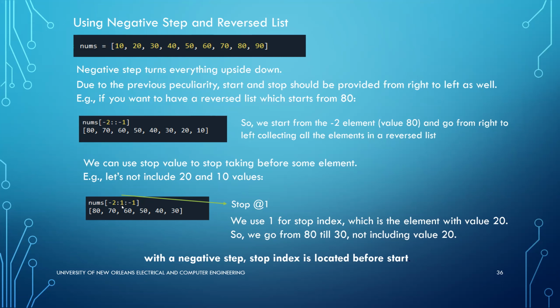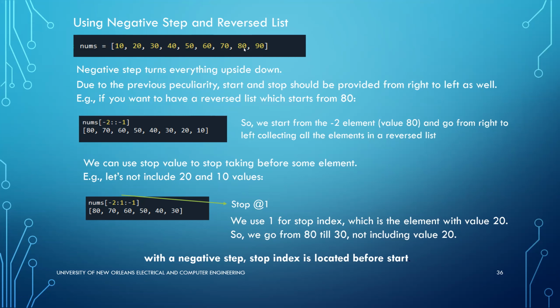So we use 1 for the stop index, which is the element with the value 20. So we go from 80 till 30, not including the value of 20 in that case, right? The first element here is not going to change.